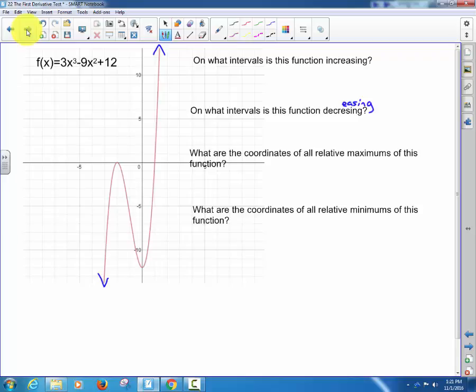So on what interval is this function increasing? Anybody got an interval? All right. We would write it this way: negative infinity to negative 2, with parentheses if you're using interval notation. So the function's always increasing there. Anywhere else that it's increasing?